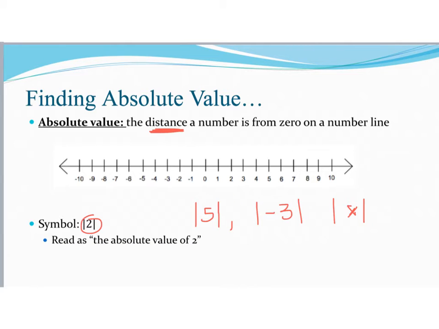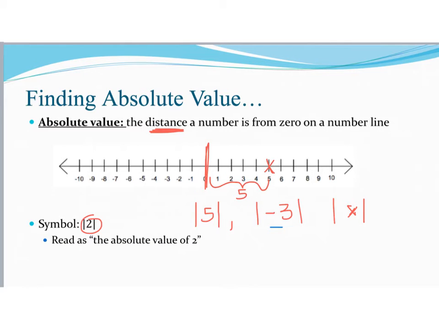Now, you should really be thinking about it as: what is the distance from 0 that the number falls? So for the absolute value of 5, if I ask what is the distance from 0 that 5 falls, we can go to our number line. Here is my 0 value. If I put my 5 right here, I can see that this is 5 units from 0.